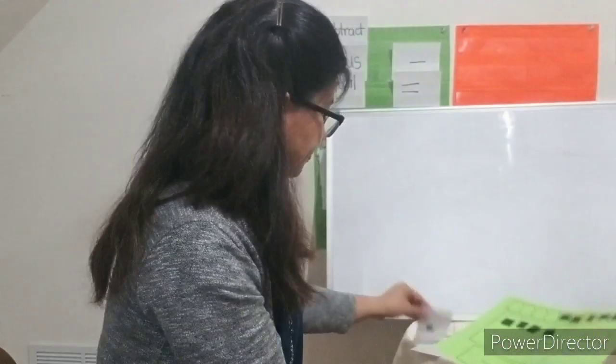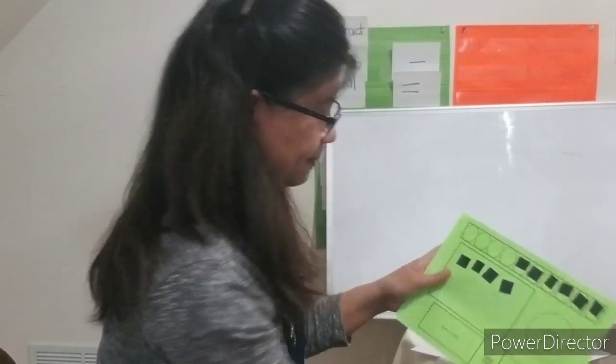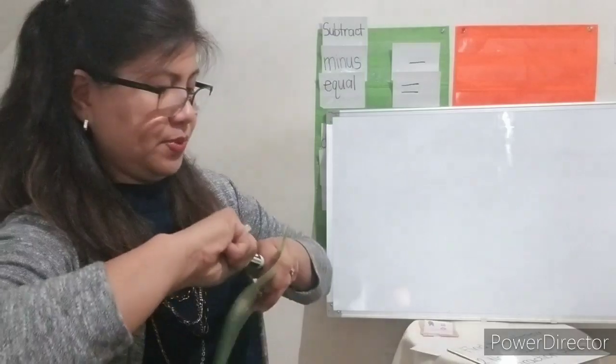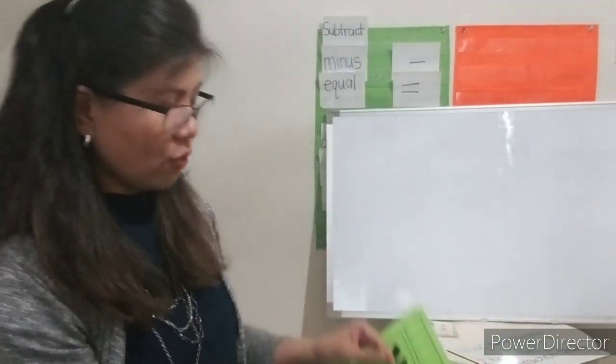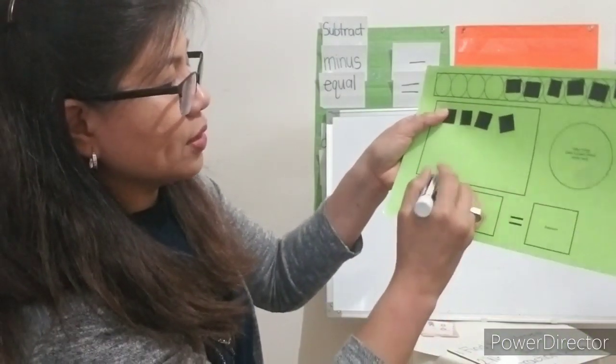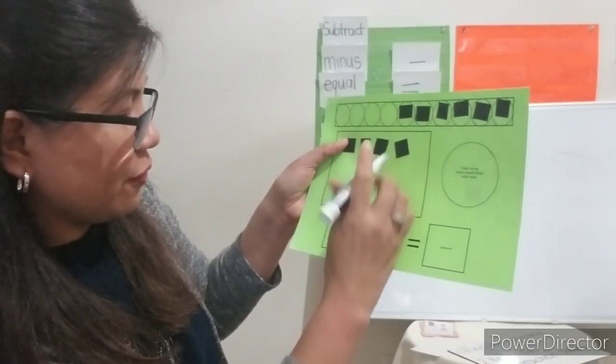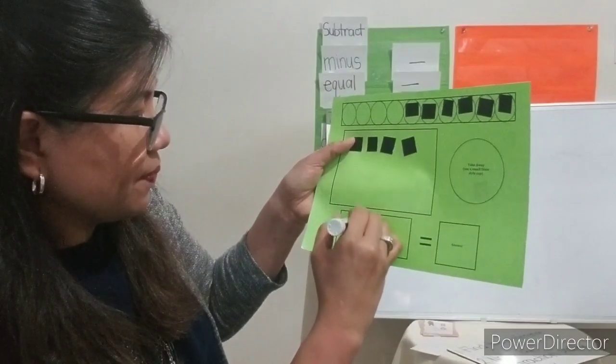So let me put this here. Now I have 4. Oopsie, it keeps falling. All right, now I have 4, so I'll count everything that I have in the box. 1, 2, 3, 4. That's the number 4.